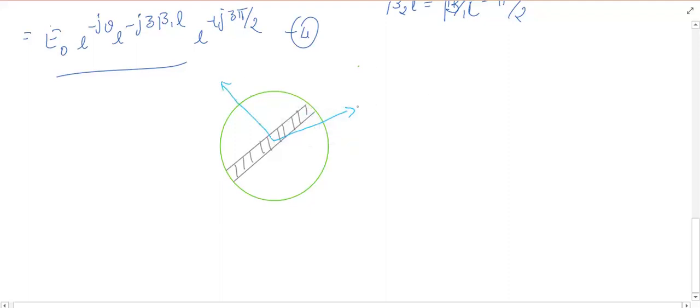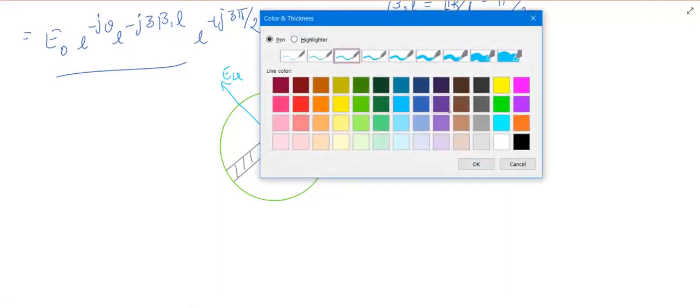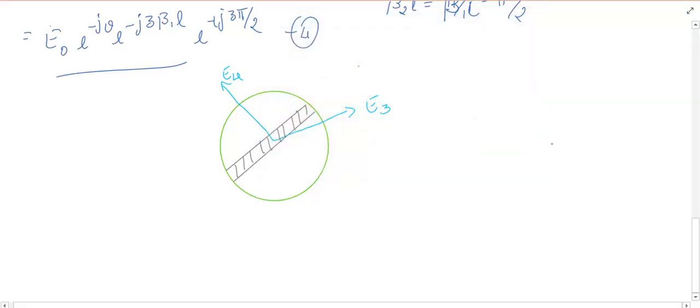Just imagine it in a proper way. This is E3 and E4. Now what do I have to do? I have to split it again, right? If I split it, what happens? E3 cos and E3 sin. Where do I get E3 cos? E3 cos I can show here, and E3 sin I can show here.